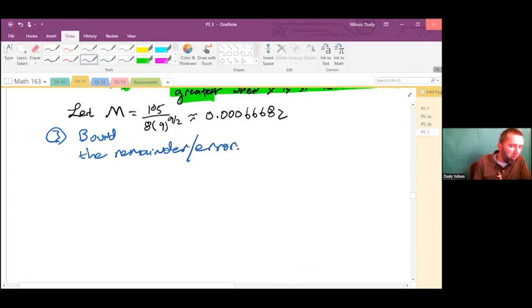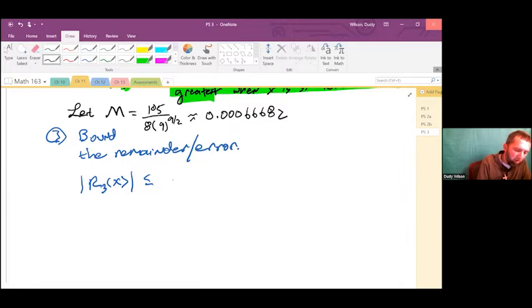So we know from the Taylor's inequality definition that we were given that our remainder is less than or equal to big M times the absolute value of x minus a, which is 16, raised to the n plus 1, which would be 4, divided by n plus 1 factorial, which would be 4 factorial.